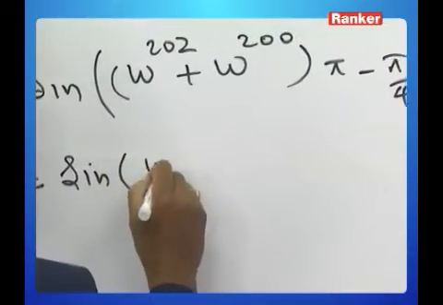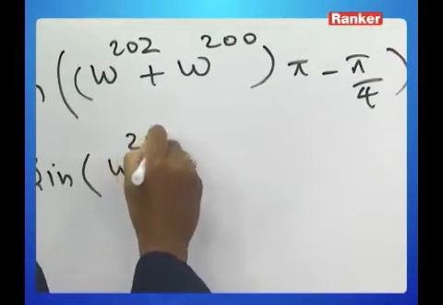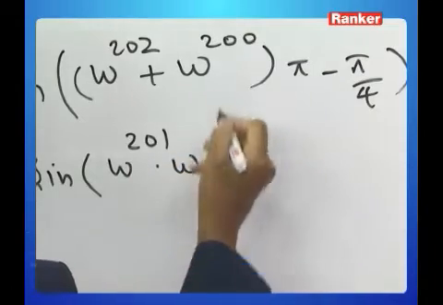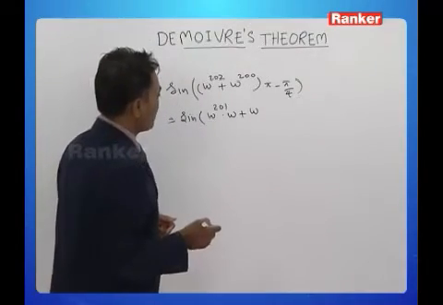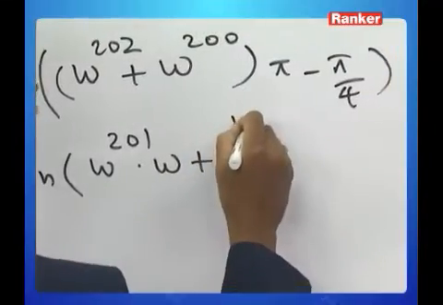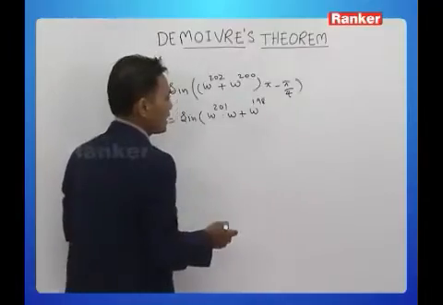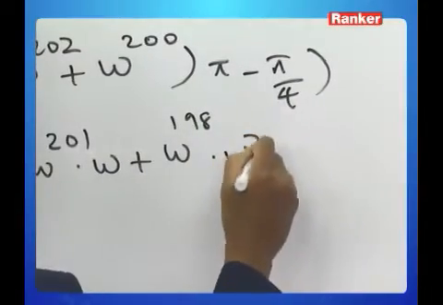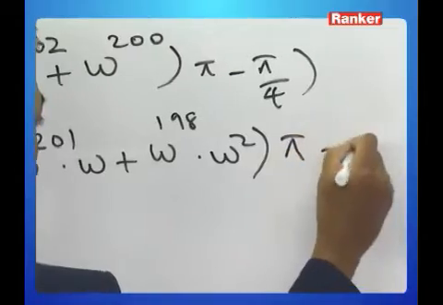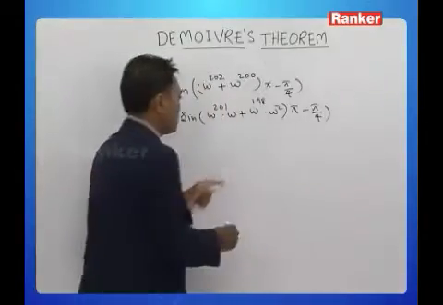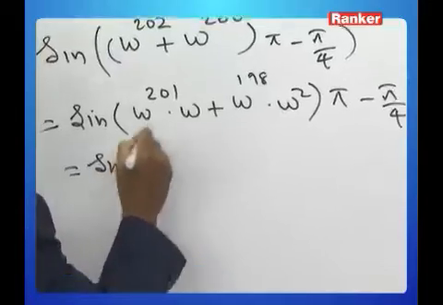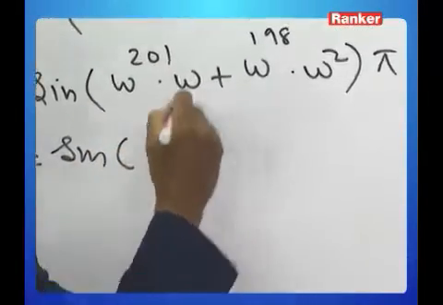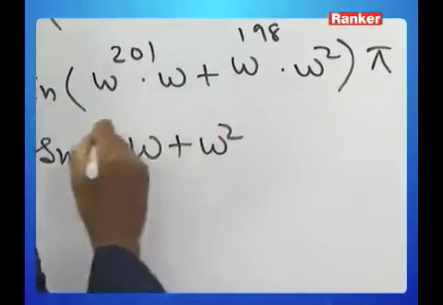So, I write here 201 plus 1, omega, and here 198 plus 2, omega square, into pi minus pi by 4. This becomes 1, this becomes 1. So, you get 1 into omega and omega square.